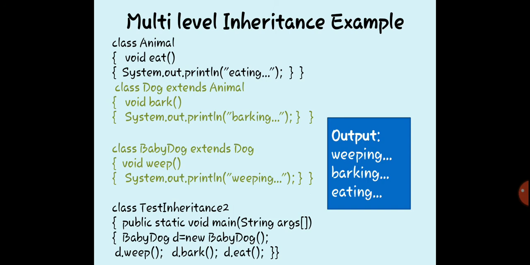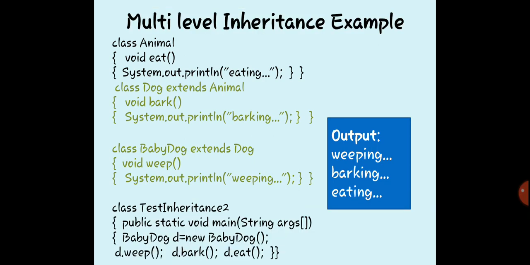At last, as we always do, we create the object for the last class. What is the last class here? BabyDog. So for that we create an object D, and D invokes everything. It invokes weep, bark, and eat.